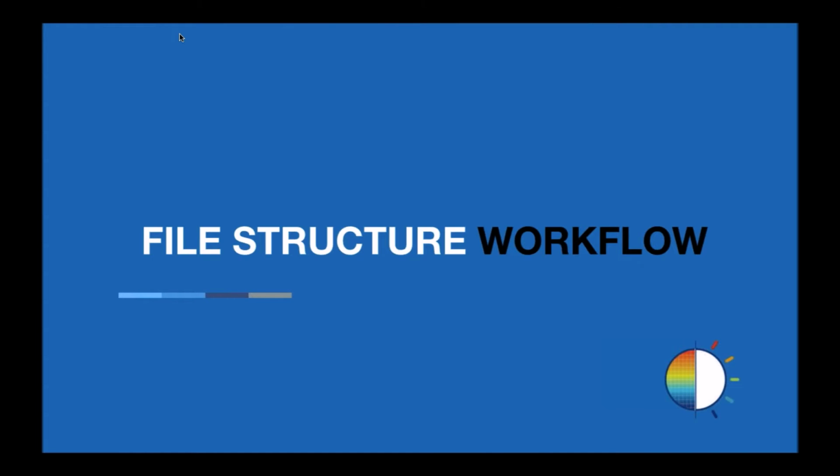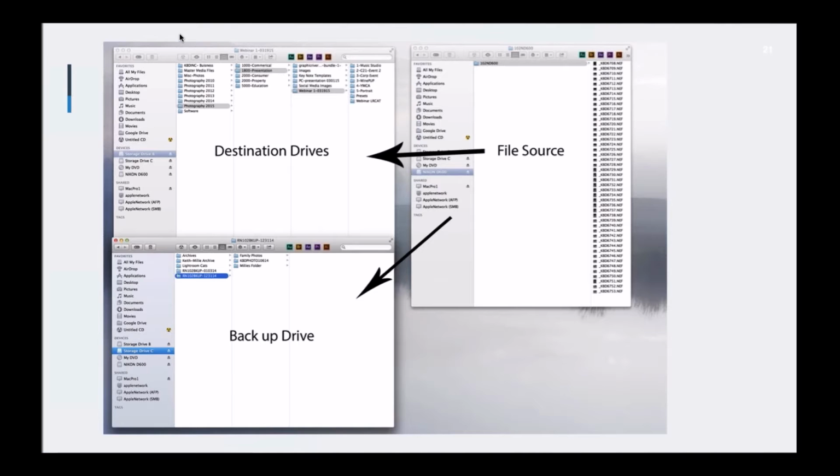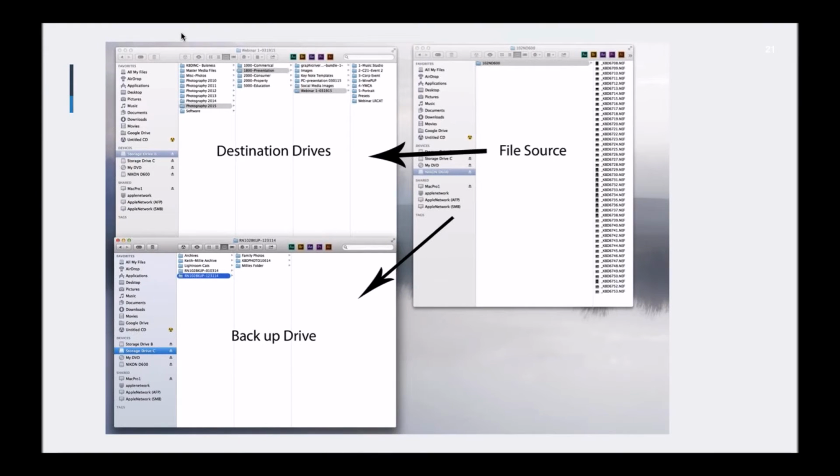One of the ways I do that is right from the beginning. Not only do most cameras have double card slots now, which will allow you to create an instant backup right there on the camera, but in addition to that, I back up immediately from my source, which is the camera, onto some external backup drive. It could be a thumb drive, a disk, whatever the case may be, and then onto the destination drive.